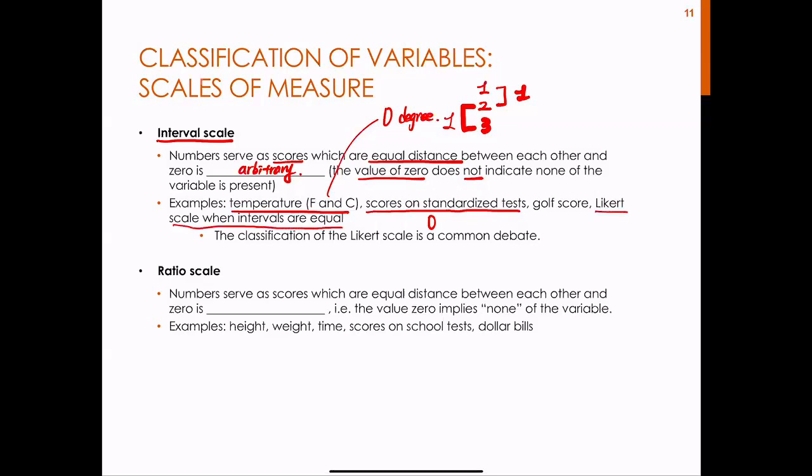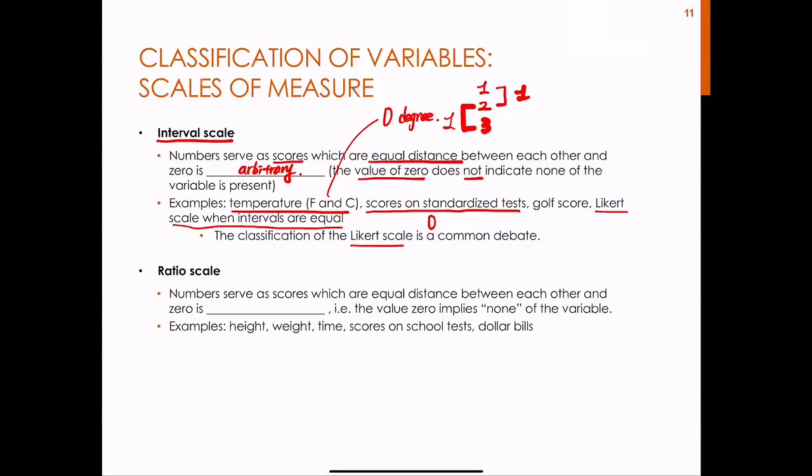Actually, the classification of the Likert scale is a common debate. So if we have any questions about the types of scale of measure about the Likert scale, maybe I'm going to just give some directions for that question in any kinds of the quiz.